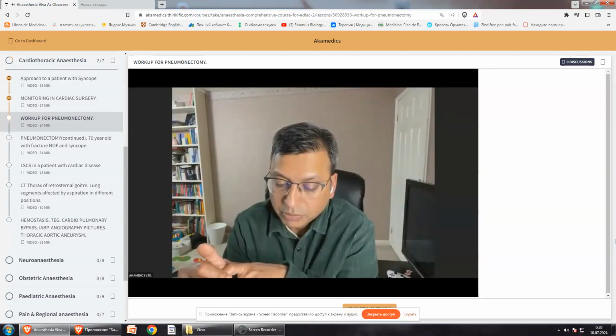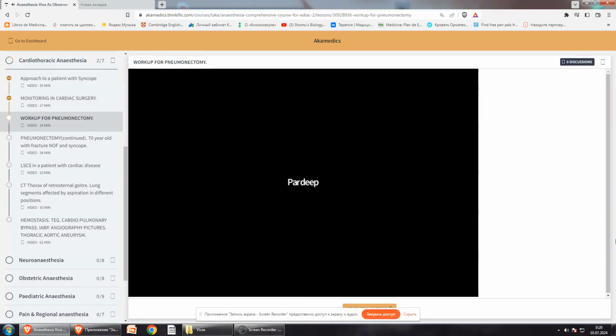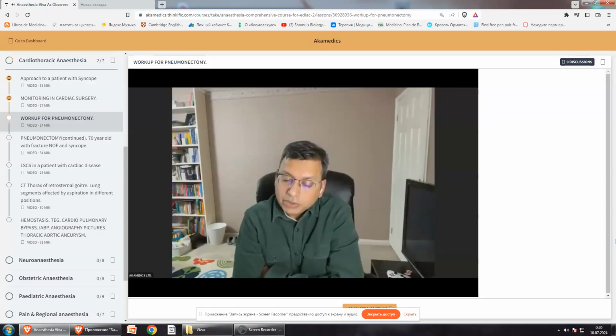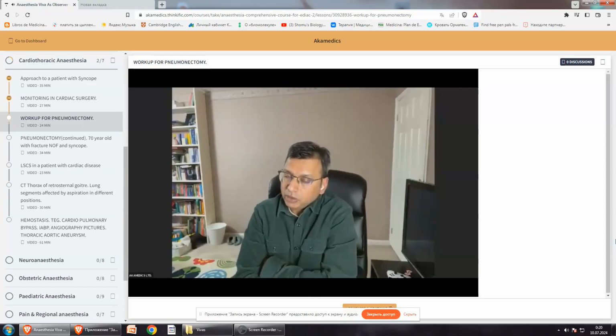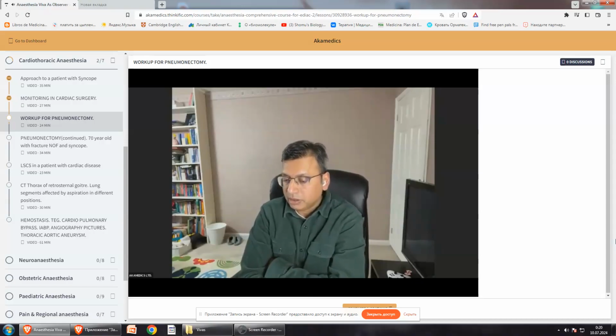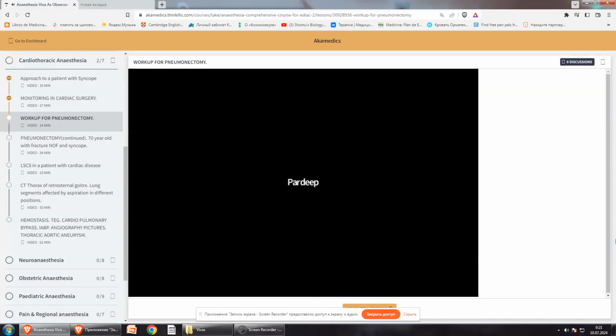I can increase the PEEP also, sir. PEEP can be increased. And then it can be insufflation of the catheter. I can put the catheter to insufflate into the non-ventilated lung. That can be done. Will you increase the PEEP in the dependent lung or the non-dependent lung? No, on the non-dependent lung.